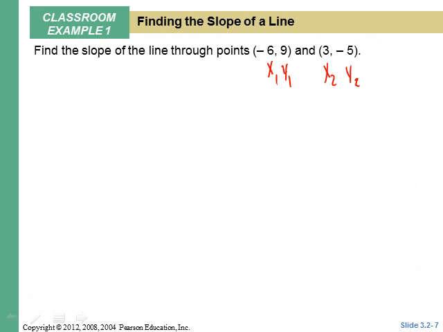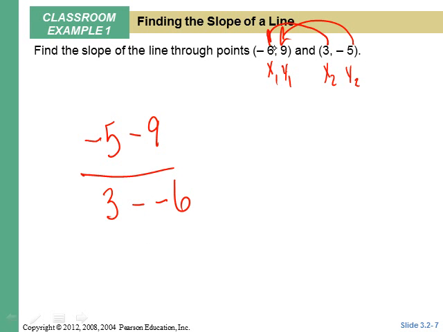It doesn't really matter, but we're going to take -5 minus 9 over 3 minus -6. Now notice I do this way, so I have to do this way too. Okay, I can't switch them around. And we get -14 over 9, and so our slope is -14/9.